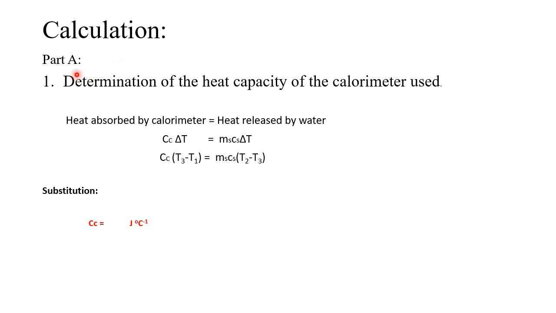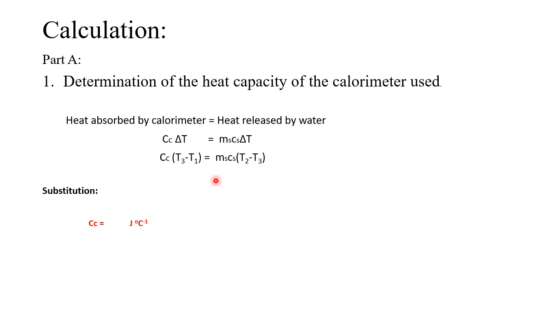Calculation for part A, determination of the heat capacity of the calorimeter used. We have to know the heat absorbed by the calorimeter is actually the heat released by the solution. So over here we are going to apply C theta equal to MC theta. The delta T for the calorimeter is T3 minus T1, and the delta T for the solution is T2 minus T3.